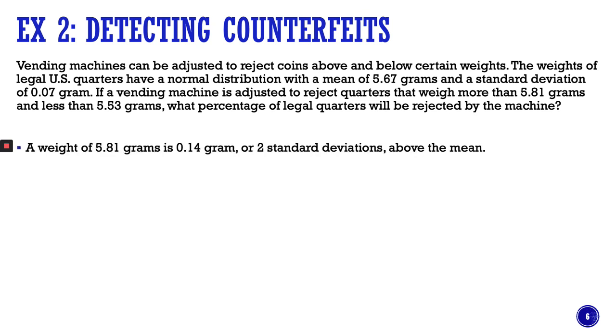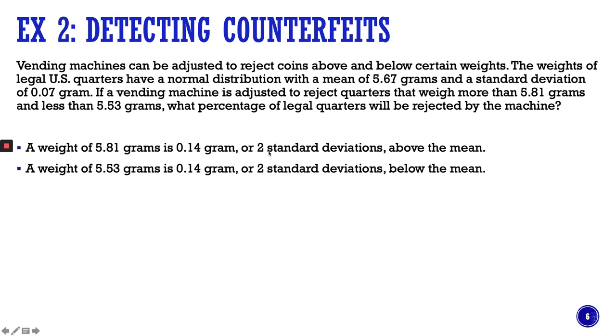So a weight of 5.81 grams is 0.14 grams, or 2 standard deviations above the mean. So how do we find that? We take 5.81 and subtract our mean of 5.67, and we get 0.14. And 0.14 divided by 0.07 gets us 2.